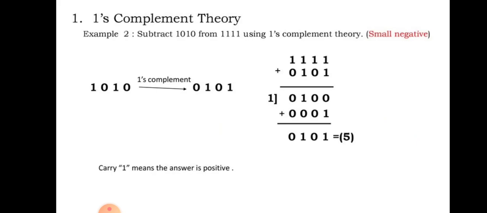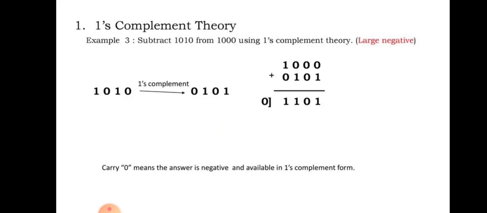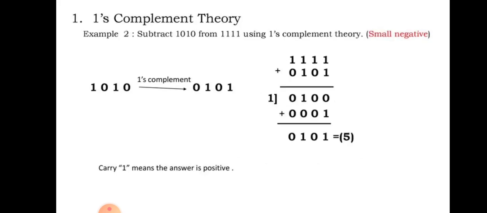Here we have solved an example using one's complement theory. In one's complement theory, there are two concepts of small negative and large negative that we will see here. So example number 2, subtract 1010 from 1111 using one's complement theory.